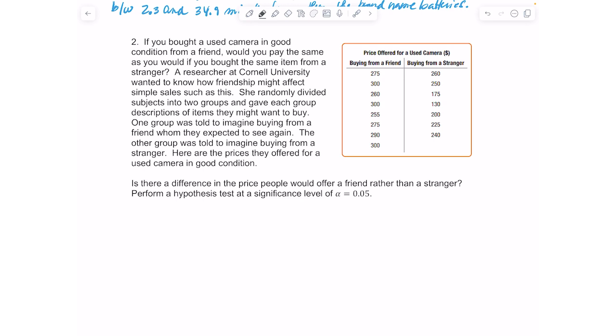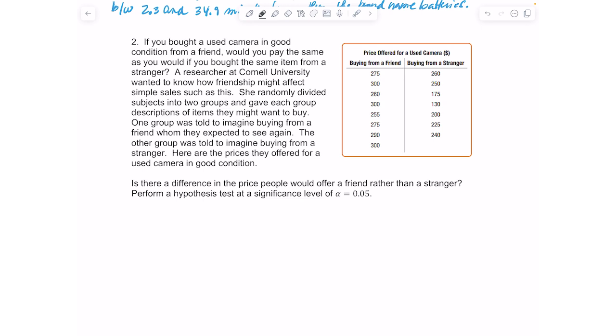One group was told to imagine buying from a friend whom they expected to see again. The other group was told to imagine buying from a stranger. Here are the prices they offered for a used camera in good condition. Is there a difference in the price people would offer a friend rather than a stranger? Perform a hypothesis test at a significance level of alpha equals 0.05.